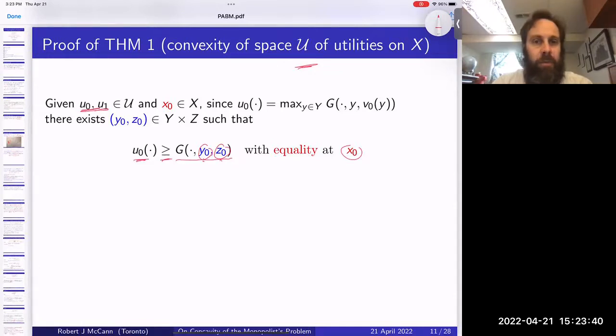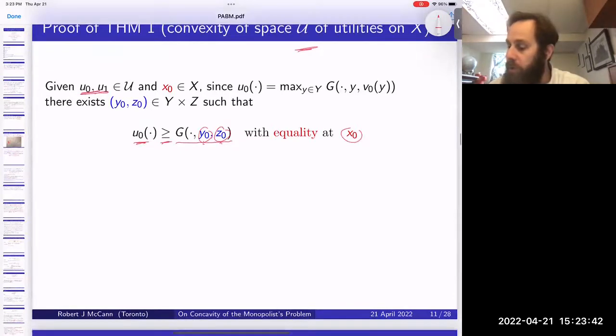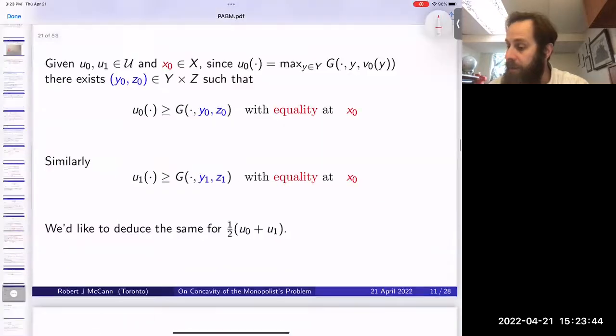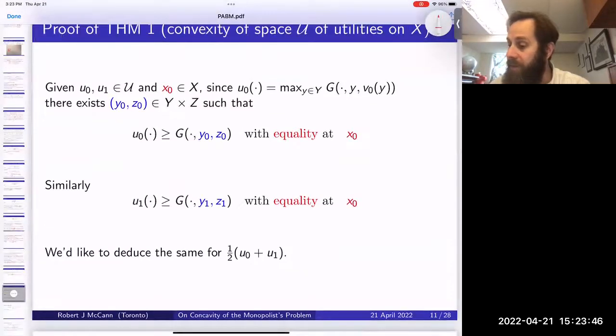And the same thing would be true for a function U1. Given X naught, if facing price span UV1, you'd be able to find the product Y1 selected. And so you'd have a lower bound of the form G for U1 with equality holding at X naught.